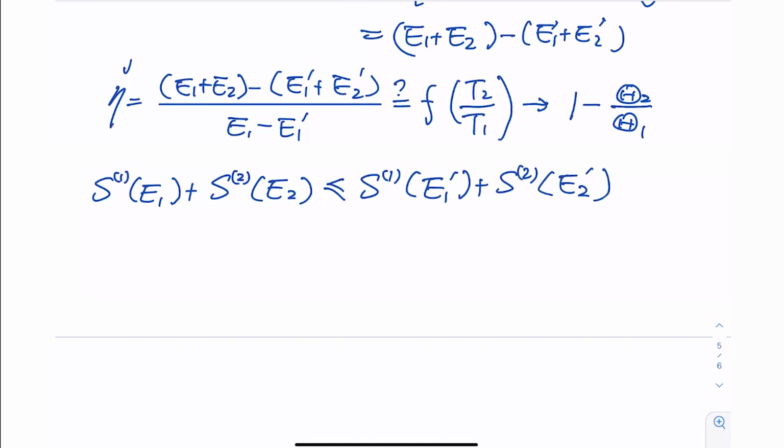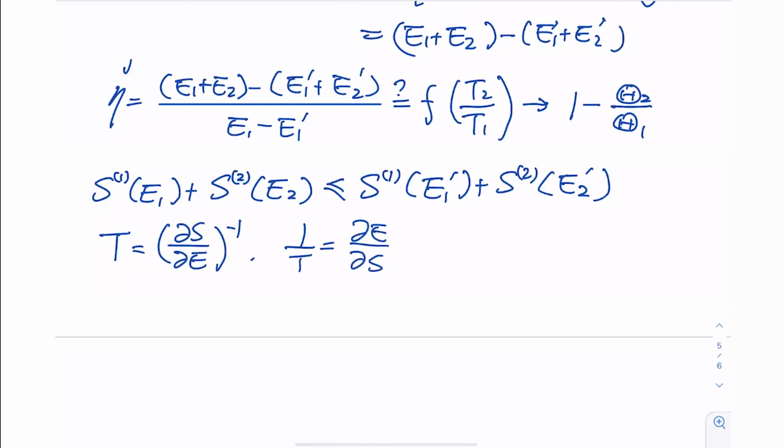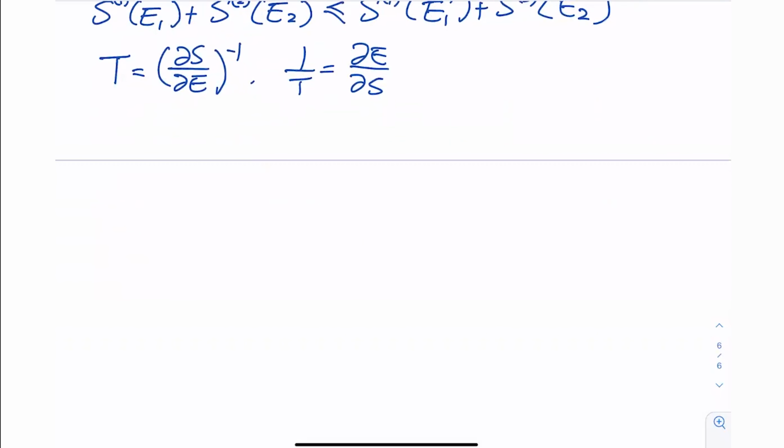And also, from the definition of our heat bath, we know that the temperature is related to this expression, or you can say 1 over T is just partial E partial S. So from here you can immediately reconstruct the expression of entropy for your individual system as a function of energy E and the temperature T. So I'll just write down the expression. Basically, the entropy for system i, where i now runs from 1 or 2.